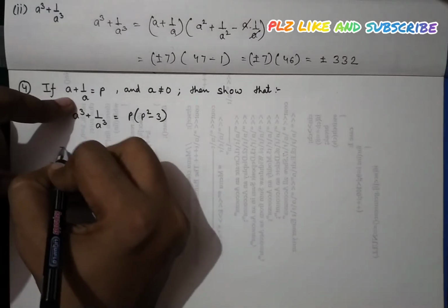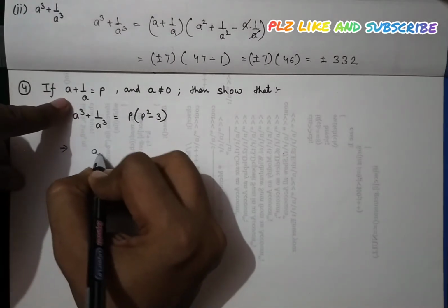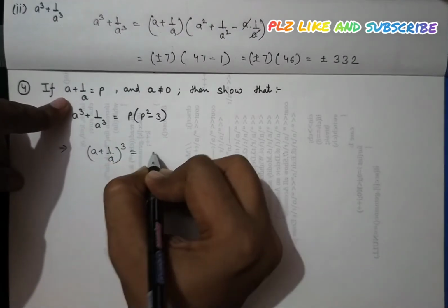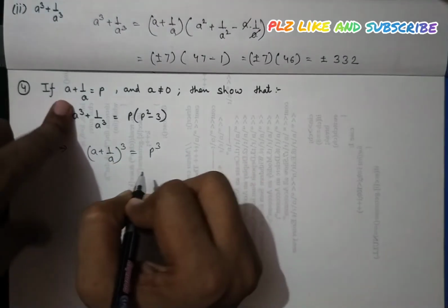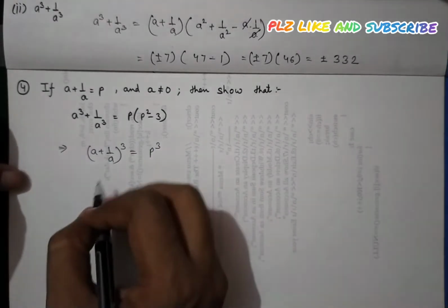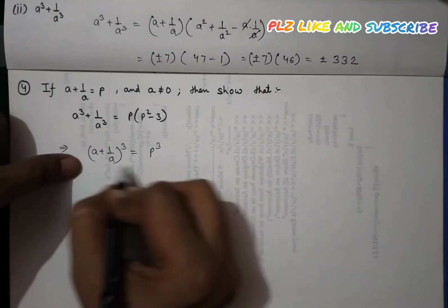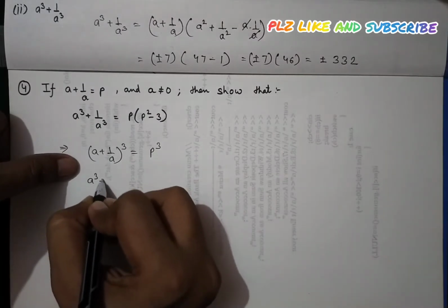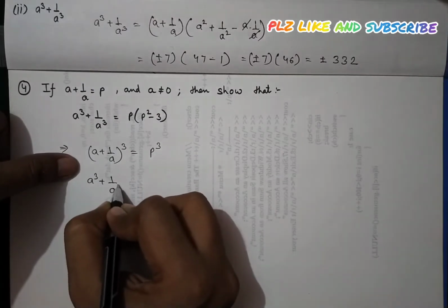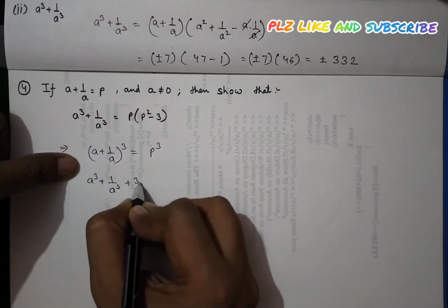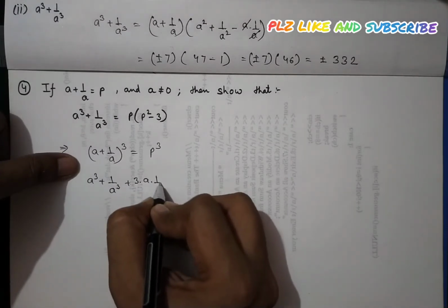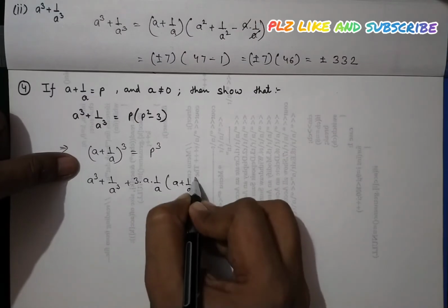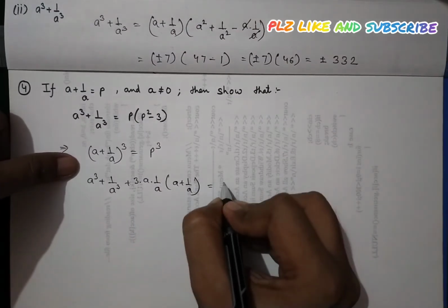So we get (a plus 1 upon a) to the whole cube equals p cube, and then taking cube on both sides, we have got a cube plus 1 upon a cube plus 3 into a into 1 upon a into (a plus 1 upon a) equals p cube.